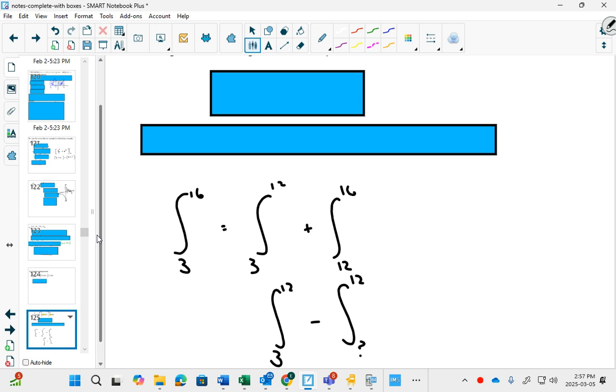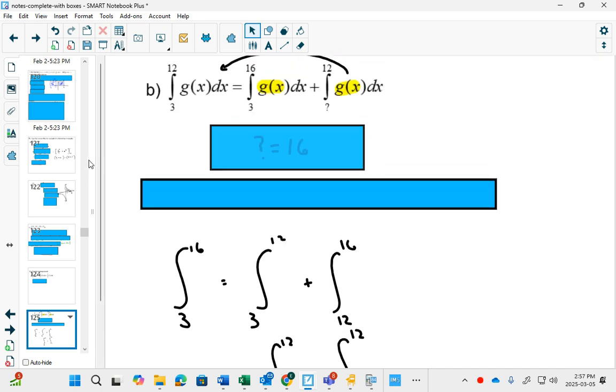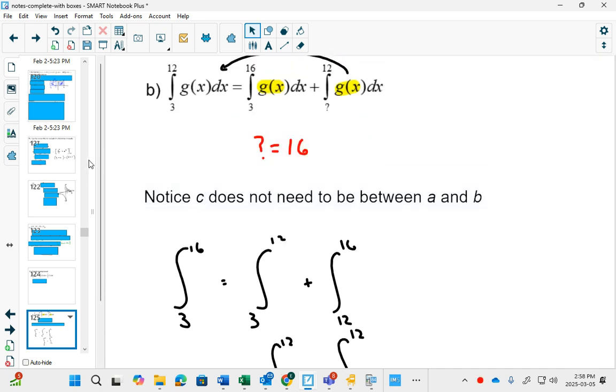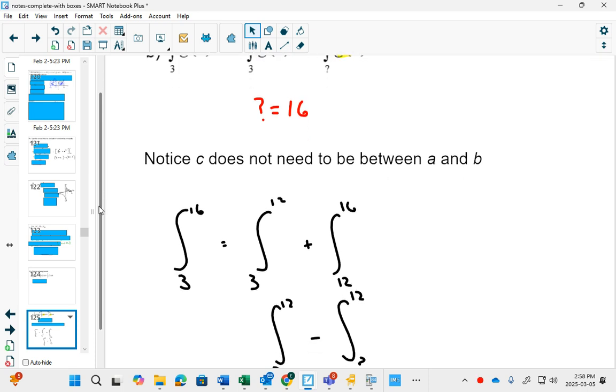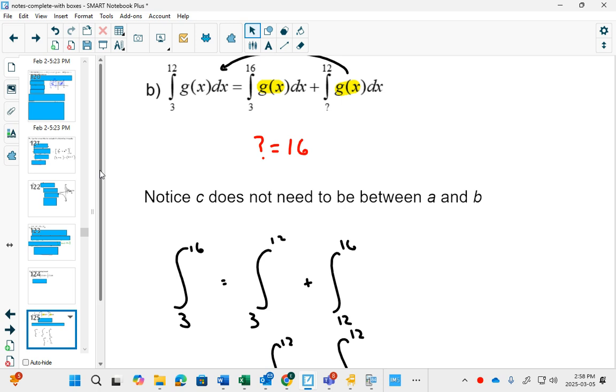Now with the minus sign, I could change it to a positive and flip those two numbers. So the answer is going to be 16. That's how I would think about this one. I would think about rearranging it so that it matched up with my numbers.